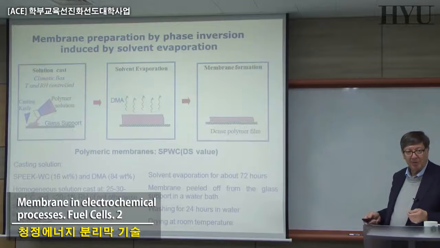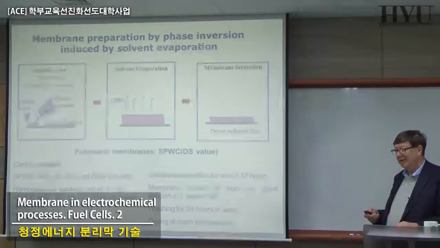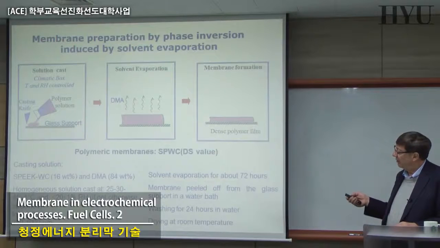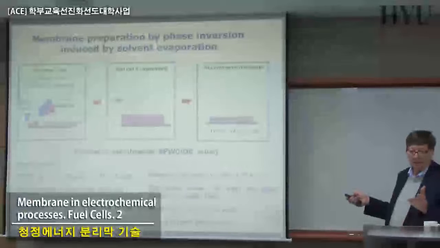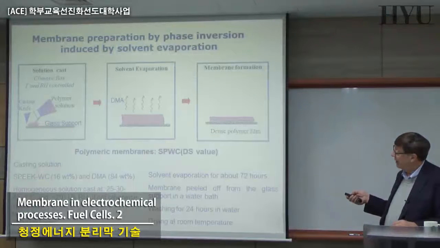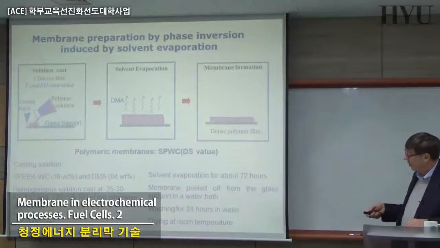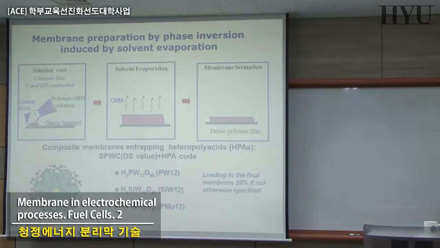You can change some temperature, but the viscosity is quite significant in any case, so there is no flexibility in the preparation. By phase inversion, we can do, as you learned, a lot of different things, and that's why it's interesting to use this PEEK where this kind of methodology can be easily applied. The mechanism is typical phase inversion, evaporation, and you have your dense film at the end.